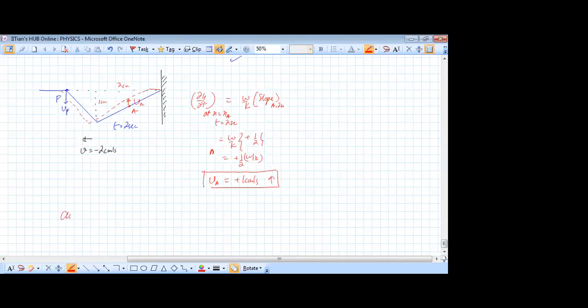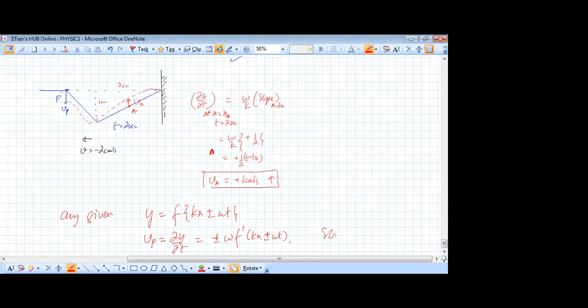For any given y equal to f of kx plus or minus omega t, you can see that the particle velocity is del y by del t. So that is plus or minus omega f prime of kx plus or minus omega t.